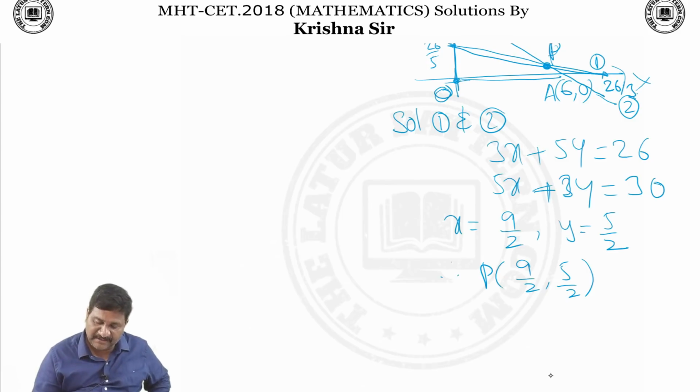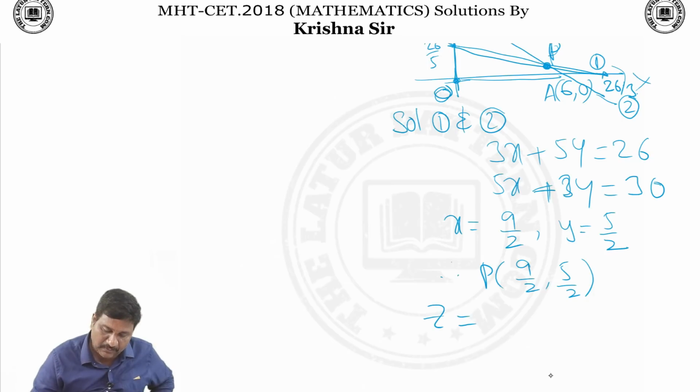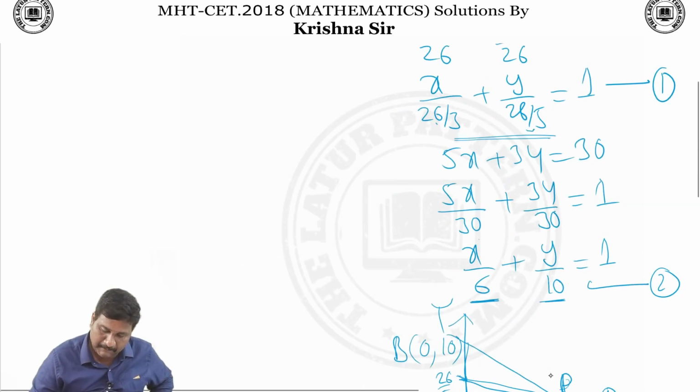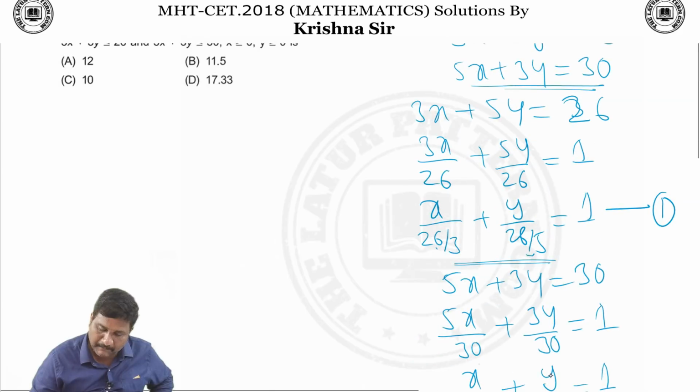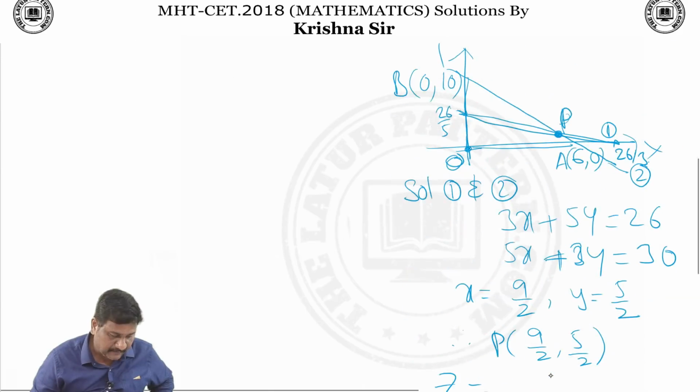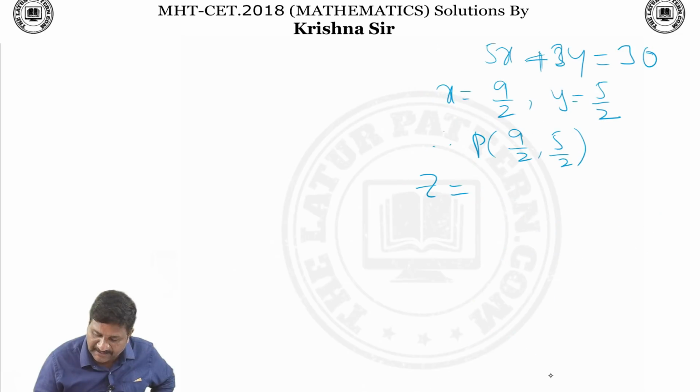By substituting our corner values in Z is equal to 2x plus y. At origin (0, 0), Z is equal to 2 into 0 plus 1 into 0.